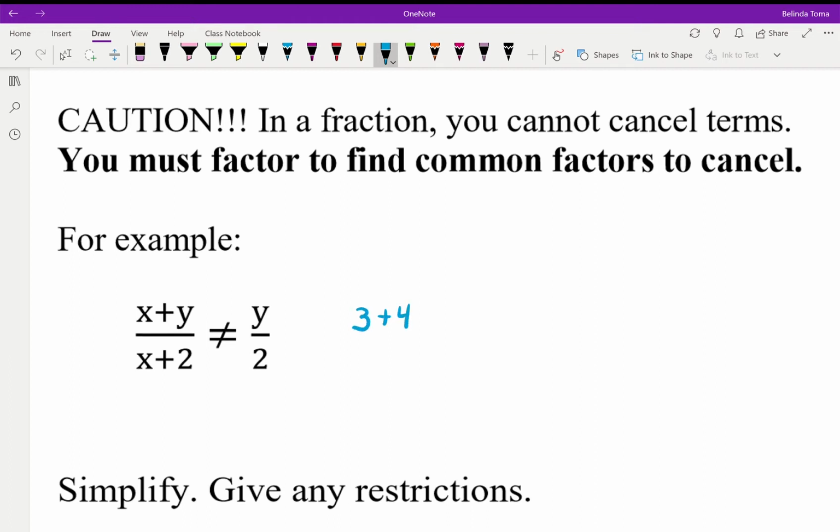If I have 3 plus 4 over 3 plus 2, then we would not be able to cancel the 3's because they are not in factored form. We know that if we simplified this fraction, it would be 7 over 5 instead of 4 over 2.